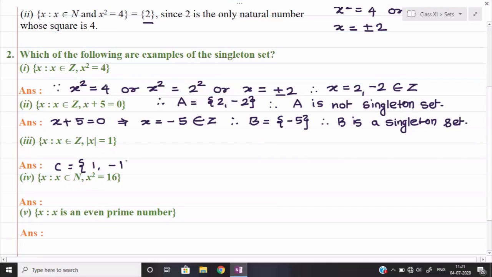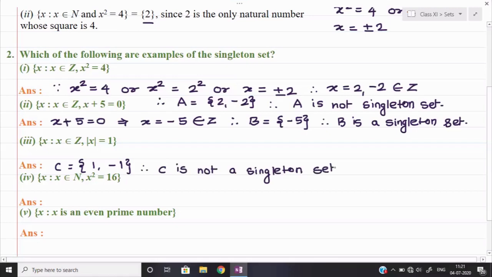So C will contain two elements, 1 and minus 1, because both satisfy the two conditions: x is an integer and its mod value should be equal to 1. So we can say that C is not a singleton set. Why? Because it contains more than one element. So C is not a singleton set.